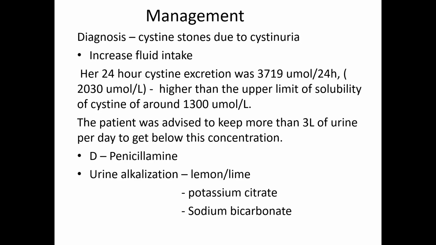Her 24-hour urine cystine was 3,719, higher than the solubility of cystine, which is around 1,000 to 1,300 micromoles per liter. The patient was advised to keep more than 3 liters of urine per day to get below this concentration.